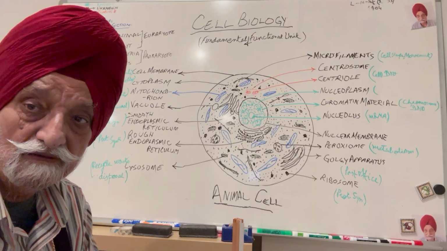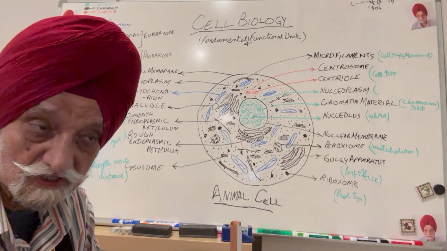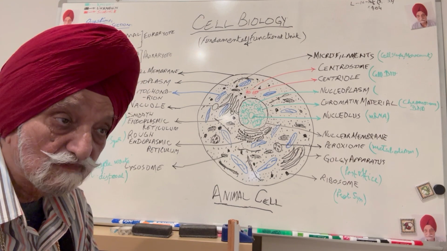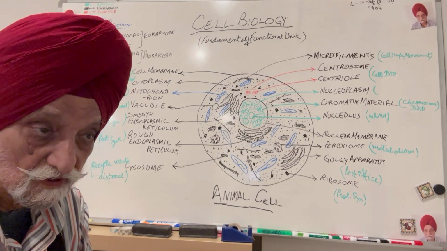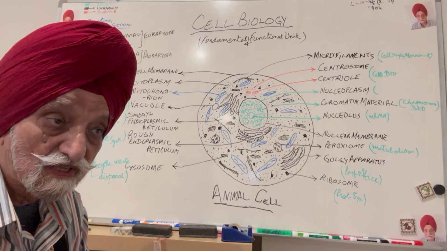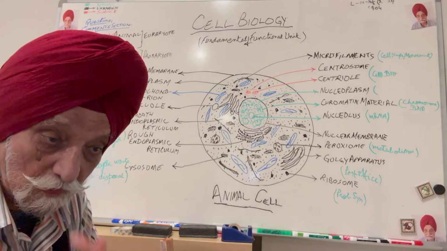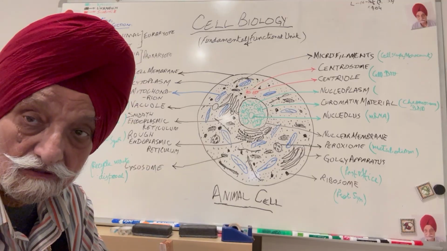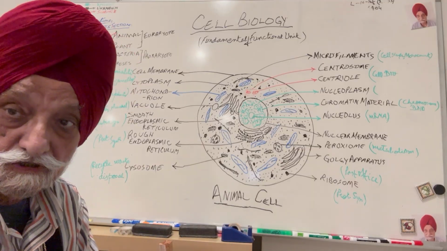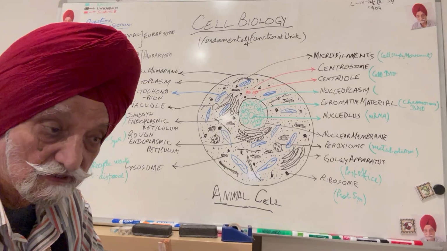Similarly, we have a cell of a battery, which is closed from all the sides. And this was Robert Hooke in the 17th century. He looked at the cork, and in the cork all the cells were dead. So they were sort of empty spaces in the cork.